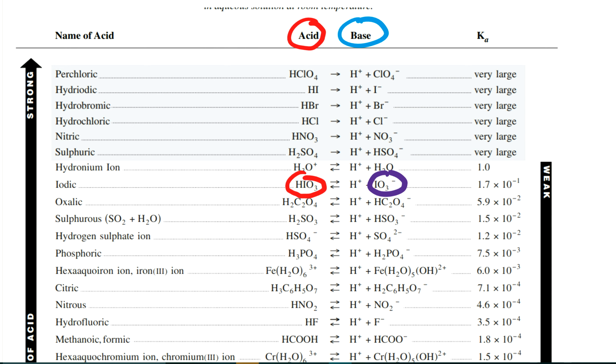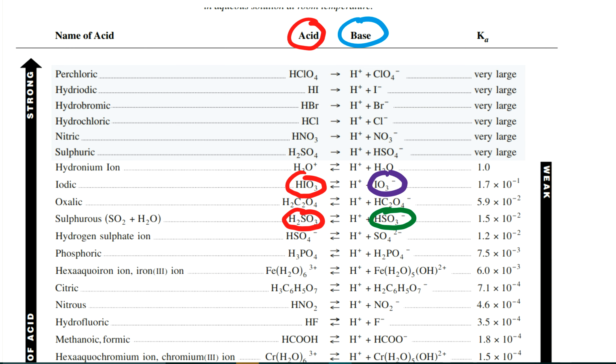If you were looking at, let's say, HSO3 minus, and someone said to you, what is the conjugate acid of HSO3 minus? Well, that would imply that HSO3 minus is a base, and so the conjugate acid would have one more proton. So just like the example above, H2SO3 would be the conjugate acid of HSO3 minus.